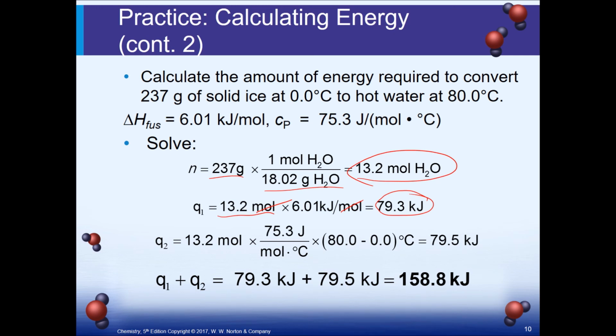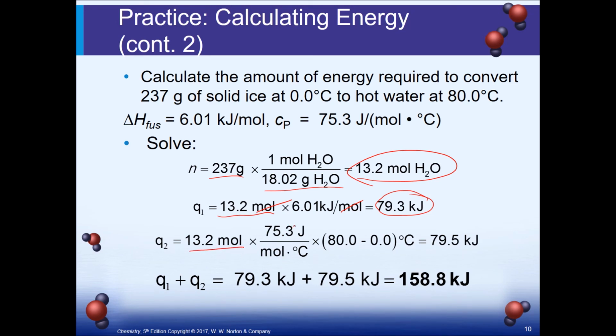Our next step is to calculate the energy that's going to be required to heat the water from 0 degrees Celsius to 80 degrees Celsius. So for this we have Q is equal to the number of moles times the molar heat capacity times the change in temperature. We have 13.2 moles.